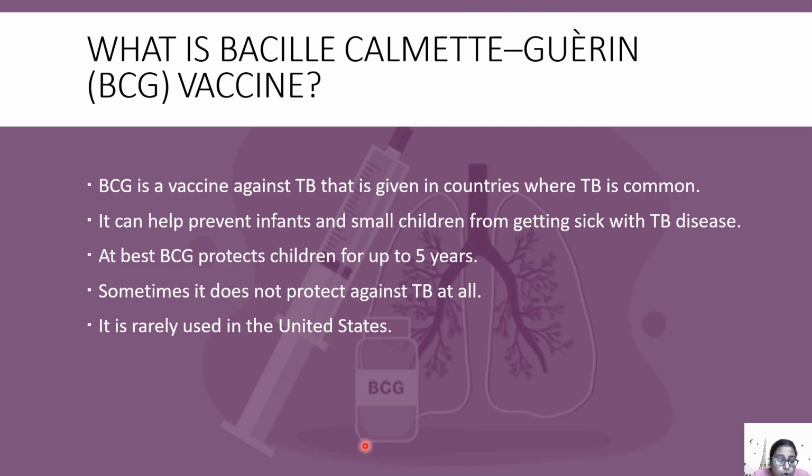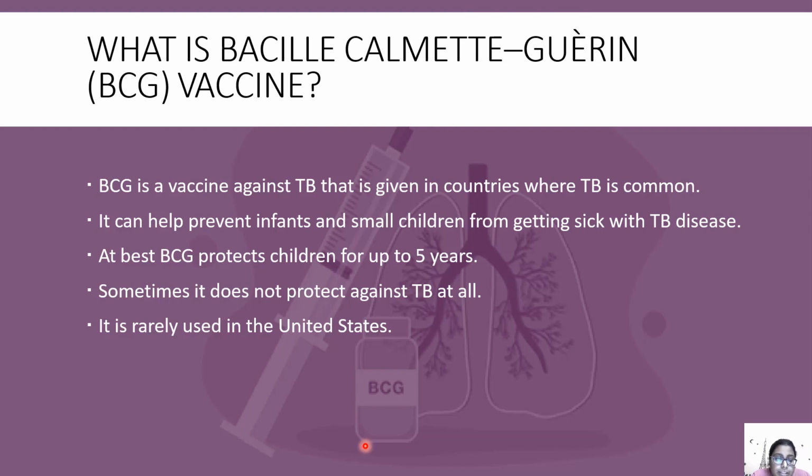Adults who do not have tuberculosis and have not been previously immunized but are frequently exposed may be immunized as well. BCG also has some effectiveness against Buruli ulcer infection and other non-tuberculous mycobacterial infections. I've also heard that it is sometimes used in the treatment of bladder cancer. So that is what BCG is all about.